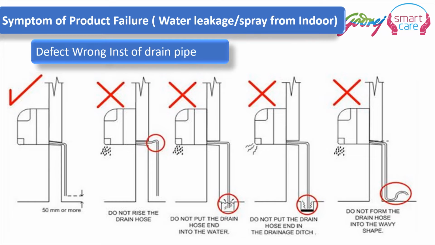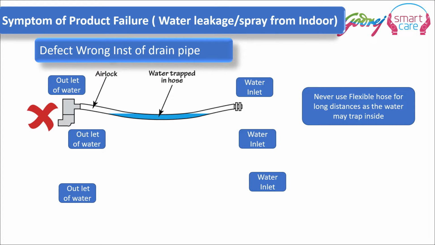This water column entraps some air inside the drain pipe, and that entrapped air will cause back pressure to the condensate drain. The water will not be allowed to pass through this pipe, and it will accumulate inside the indoor unit and leak from somewhere in the indoor unit. These are the various different types of drain blocks.